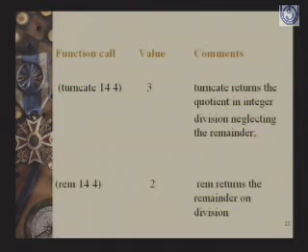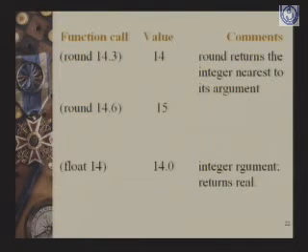Rem 14 4 gives whatever is the remainder after dividing the first argument by the second. So when we divide 14 by 4, we have 3 as quotient and 2 as remainder. Therefore the remainder 2 is returned in this case.